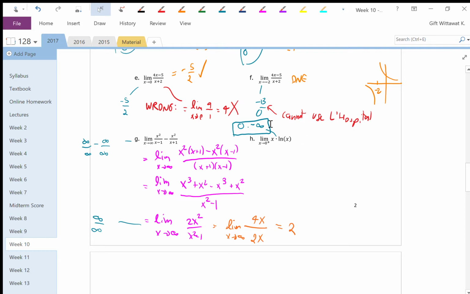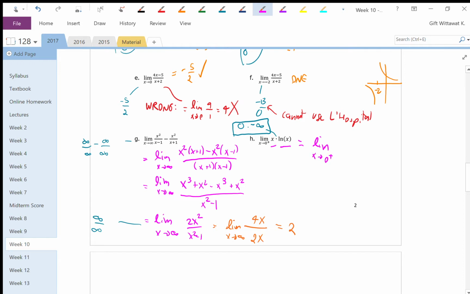But what I can do is, I can maybe manipulate this guy so that I have a fraction, so that I need to bring something to the denominator, so that I can now apply L'Hopital's rule. So what I'm going to do is, I'm going to bring either the x or the log of x to the denominator, and hopefully that will allow me to use L'Hopital's rule, and that will finish the problem neatly.